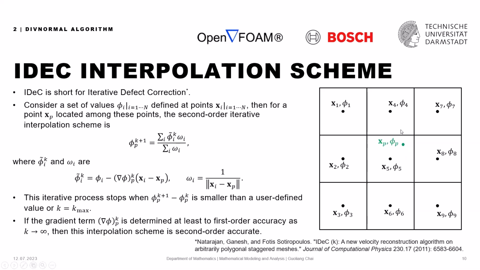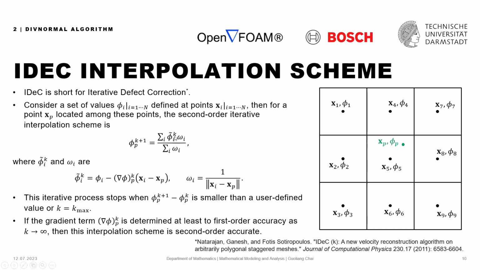We have the green point here, and we have values at cell centers. We use the point's neighbor cells to construct the interpolation stencil, and we propose this interpolation scheme. So K is iterations.